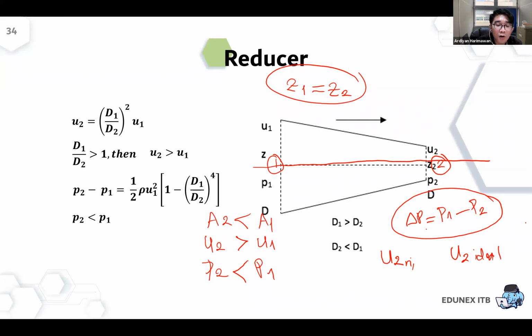Okay. Now we go to the non-ideal case. In non-ideal case, some of the amount of energy at point 1 is lost to the environment. It means the energy that should be transferred to point 2 will be lower, right? In real condition.